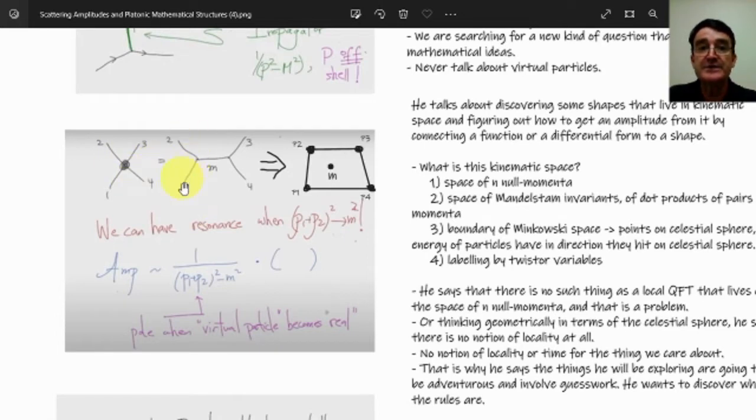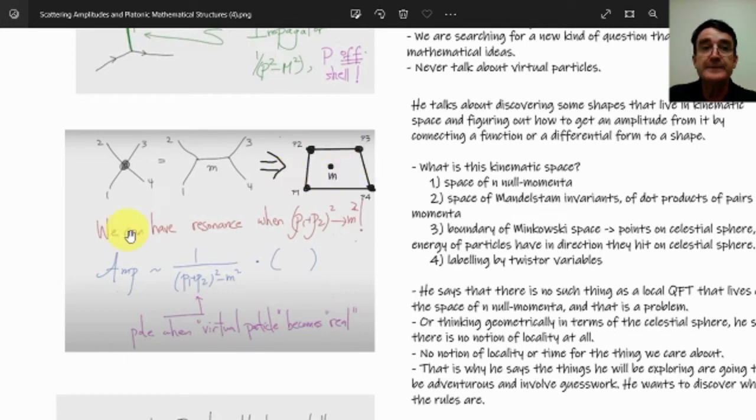You get this Feynman diagram, and there's a virtual particle m that is created, and then they scatter off as particle 3 and particle 4, and that's also represented by this polygon shape, where you have particles P1, P2, P3, P4 coming in, forming this shape.